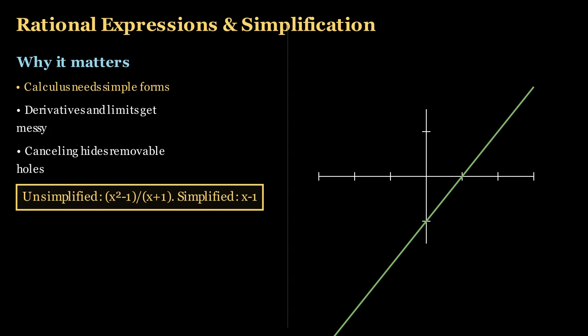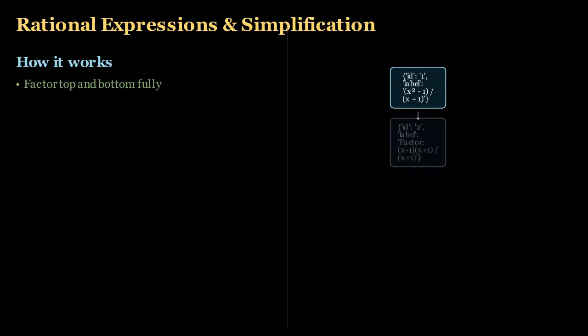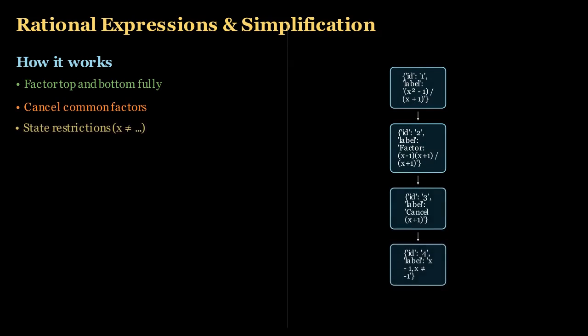The process builds directly on factoring. First, factor the numerator and denominator completely. Here, x squared minus 1 is a difference of squares, so it factors into x minus 1 times x plus 1. The denominator is already x plus 1. Now you see a common factor of x plus 1 in both.